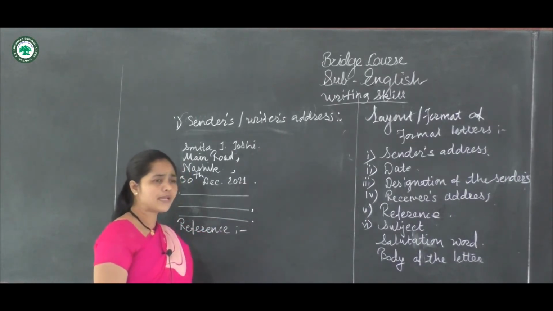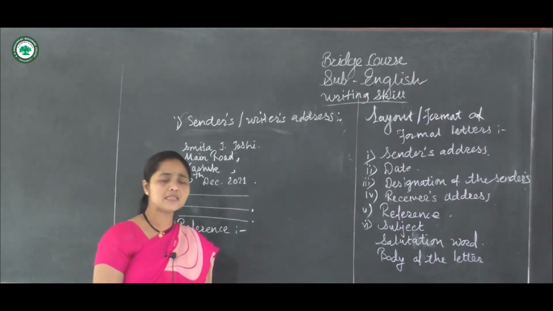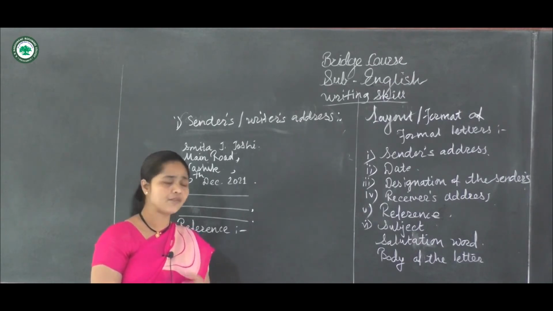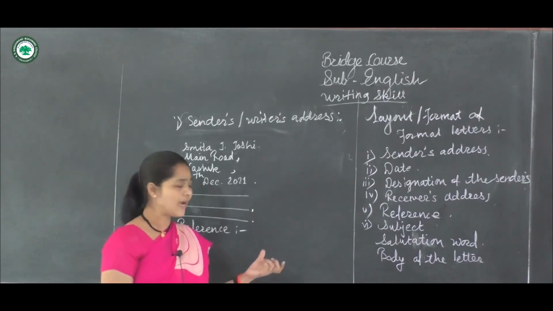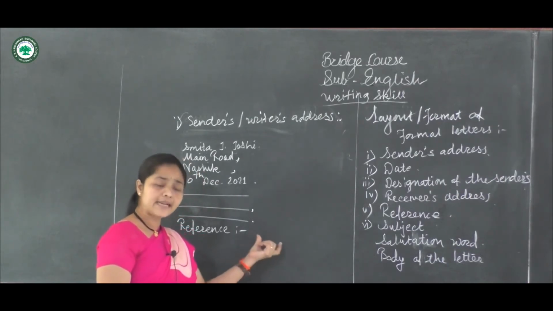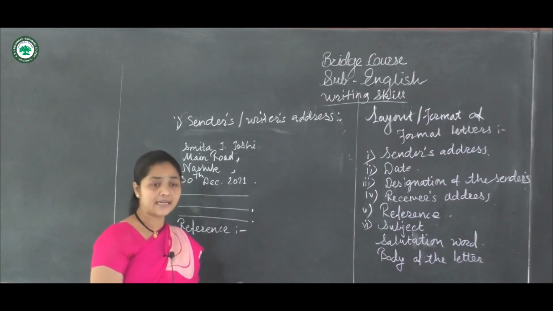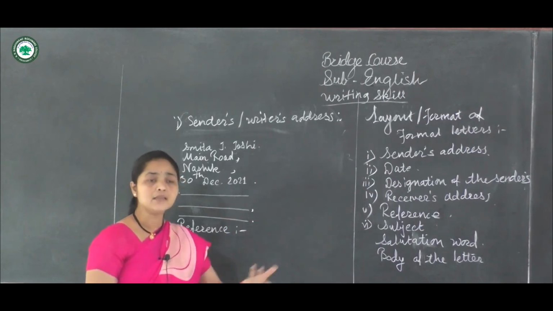For example, you may have seen it in the Times of India, or maybe in Sakal newspaper. Lots of newspapers are there, and you have to write the reference about the newspaper you saw. The date also you have to mention, on which date you saw that advertisement in that particular newspaper.